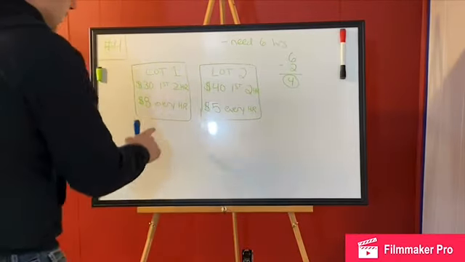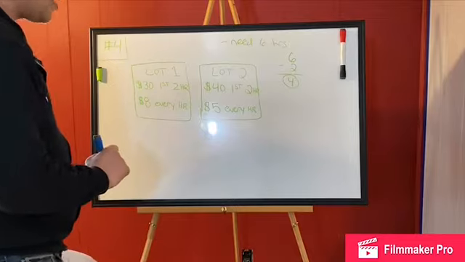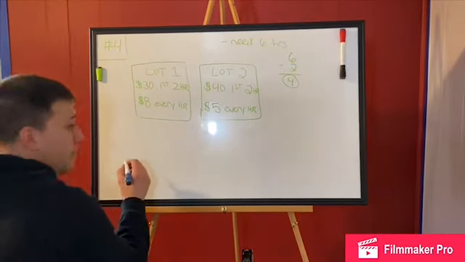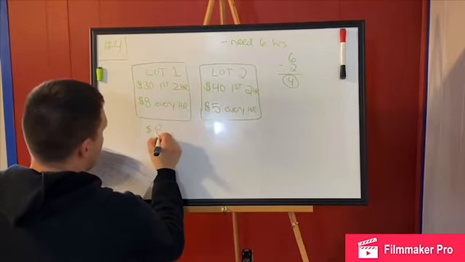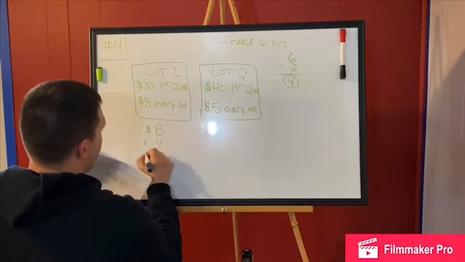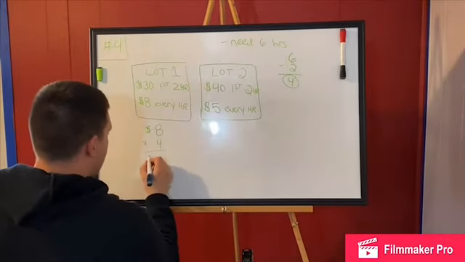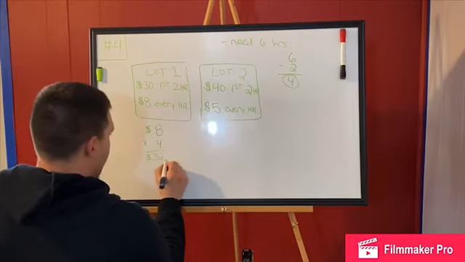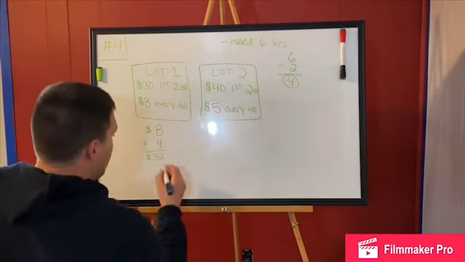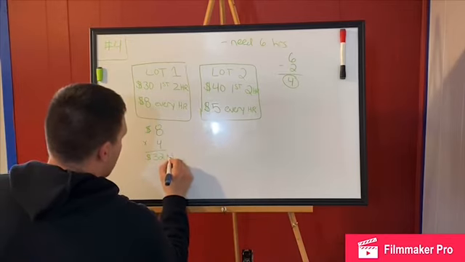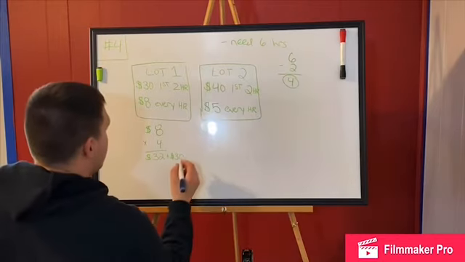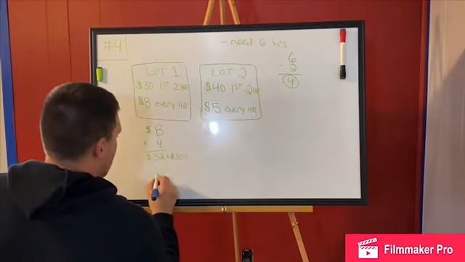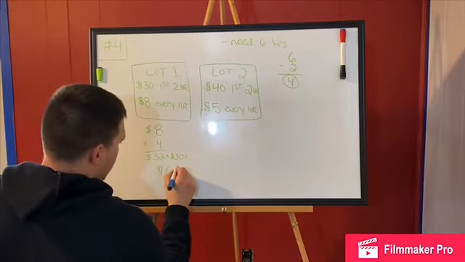So if this charges $8 for every hour, we multiply our $8 by the remaining 4 hours and get 32. And then we're going to add that to the original $30 and get 62.